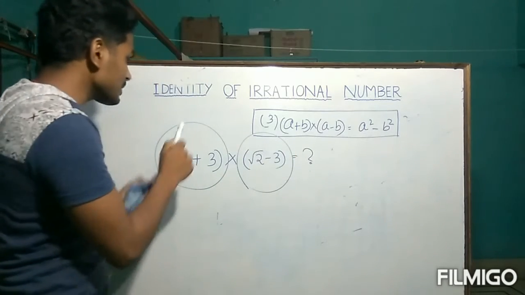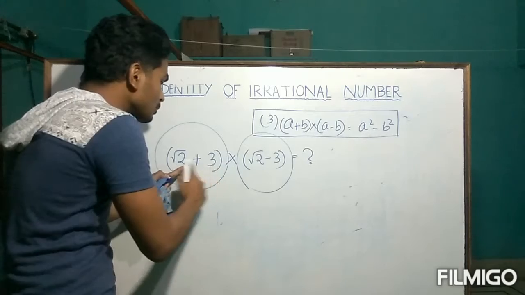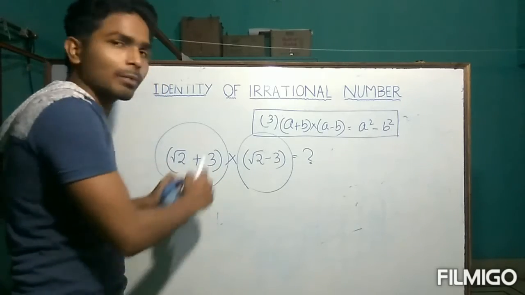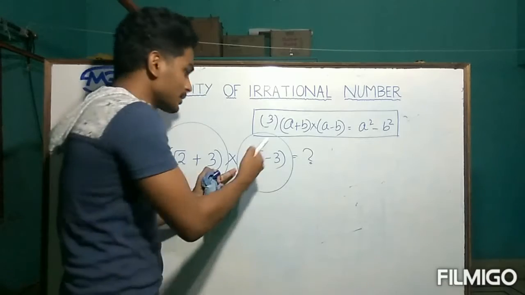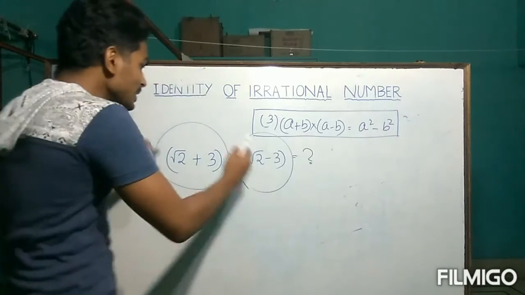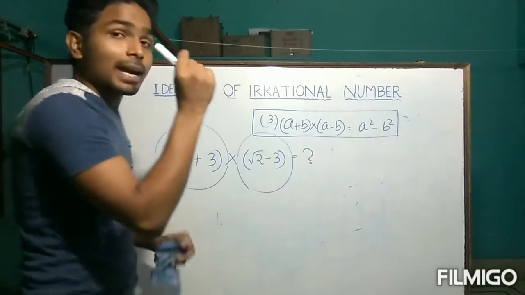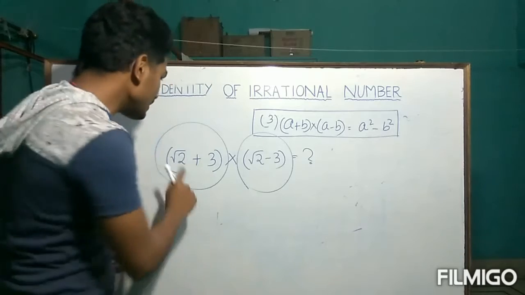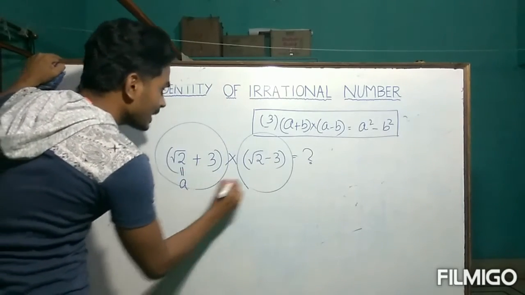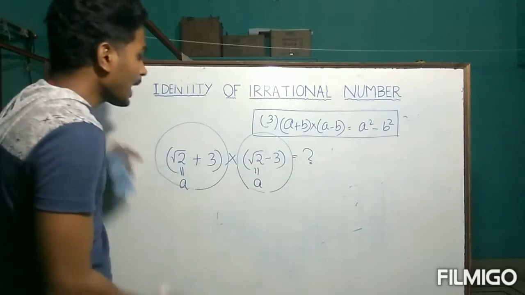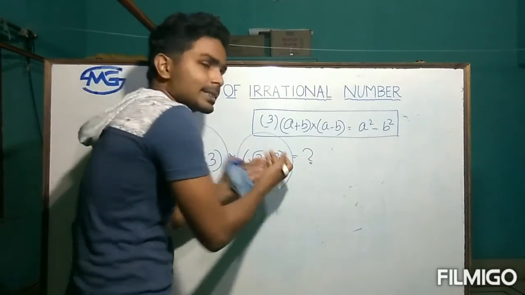In the first term, see, there are 2 terms. One is root 2, one is 3. In the second term, there are also 2 terms. One is root 2, other is 3. So in both terms, we have a similar term, that is root 2 here, root 2 here. So we can say it as A. And in the second term, it has 3, it has 3.